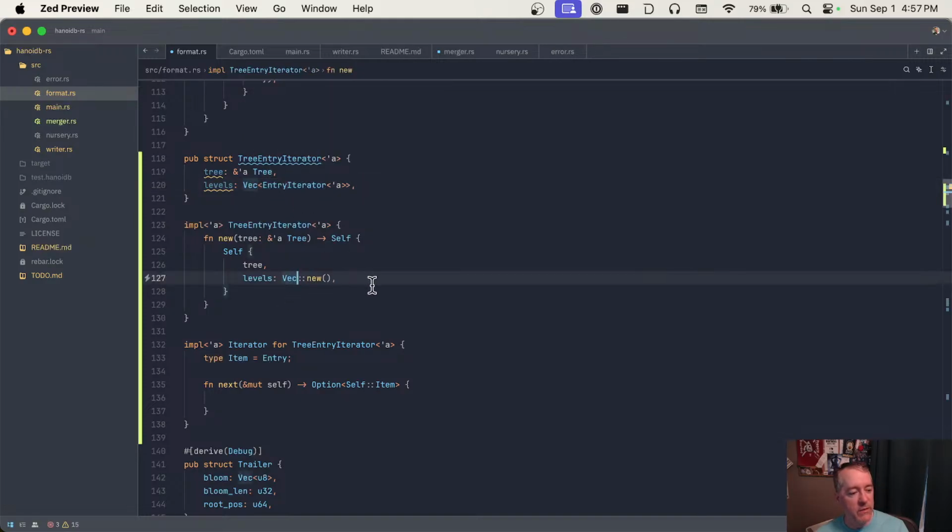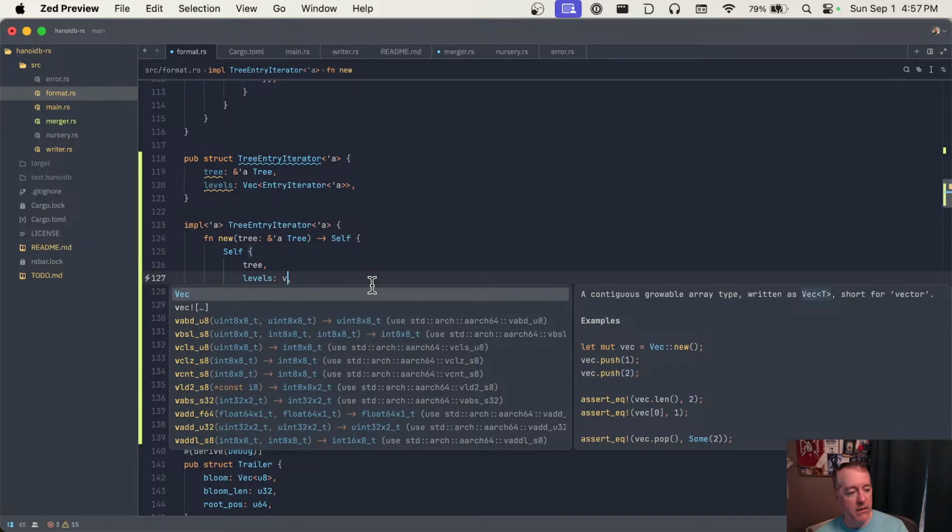Maybe we even start with the root block.